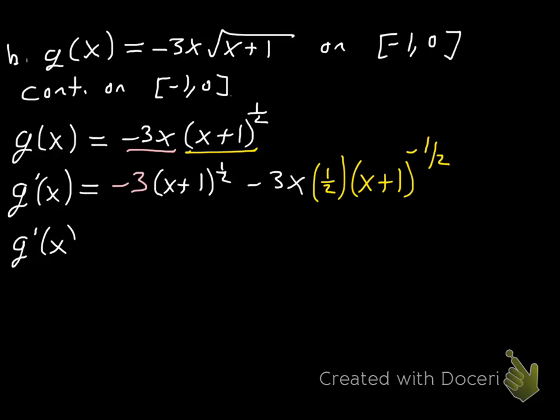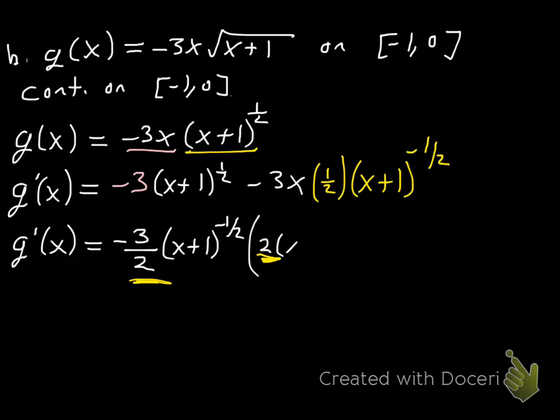Okay, I'm going to do a little bit of algebra. I'm going to factor out a negative 3/2 because we have 3/2 in the second piece, and then we're going to factor out the x plus 1 to the negative 1/2. So what's going to happen is I get this 2 here. This 2 has got to counter this divide by 2. So that's where that 2 comes from, because originally this didn't have a divide by 2.